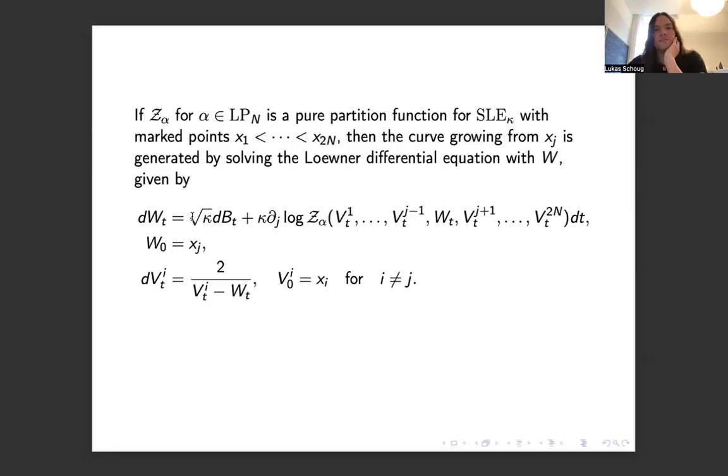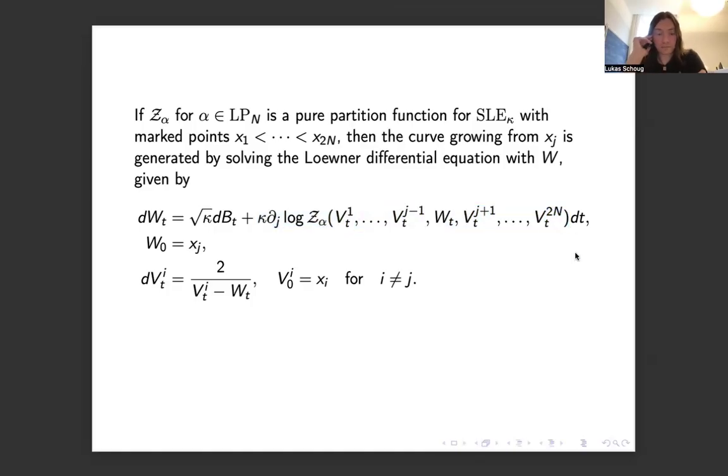So we still have this square root of kappa times the Brownian motion. This is what locally determines the geometry of the curve. It gives the regularity, and it tells you that this is something very fractal. So this is what makes sure that the curve still has the same Hausdorff dimension, and so on. And this second term here, that's where we throw in the partition function.